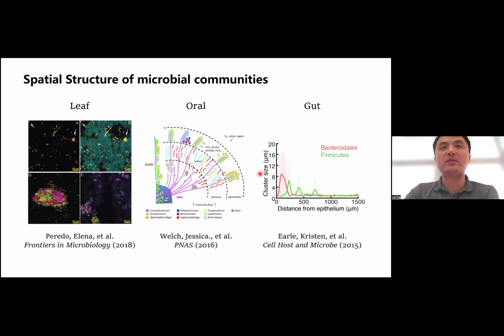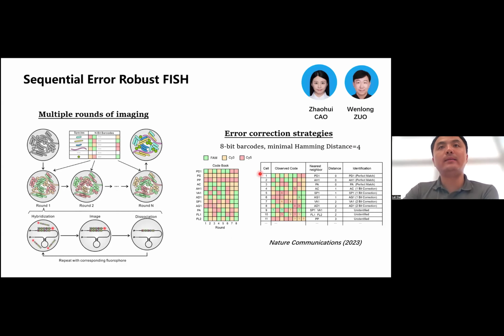So there are many factors that play a role, and we developed a new method to image the complex microbiome, because for traditional FISH methods, you can only label a limited number of taxa. So for example, if you have 5 fluorophores, you can only image 5 species at a time. If you want to image 100 species, that's not feasible. So we developed a sequential FISH method.